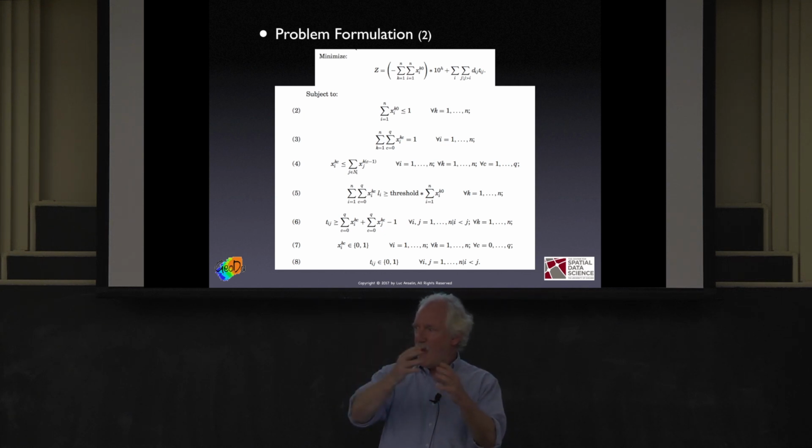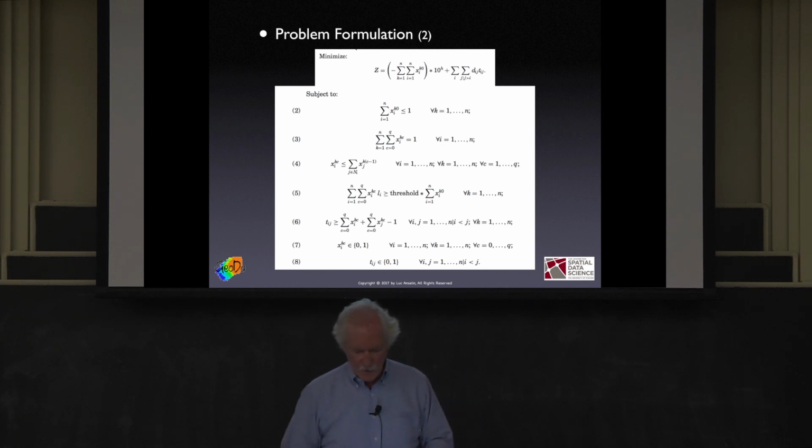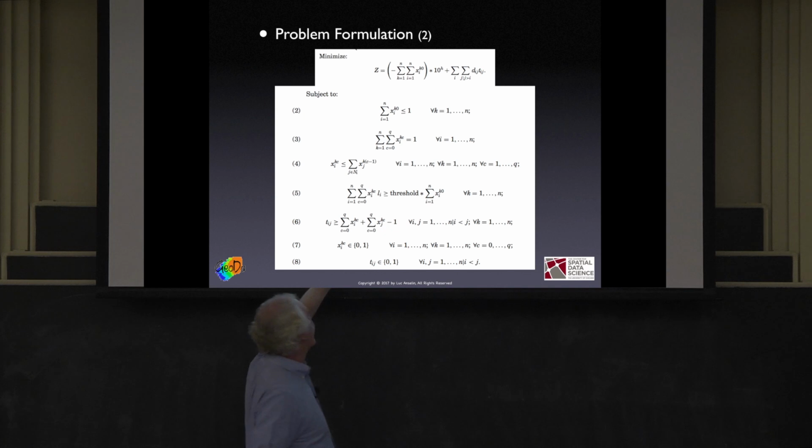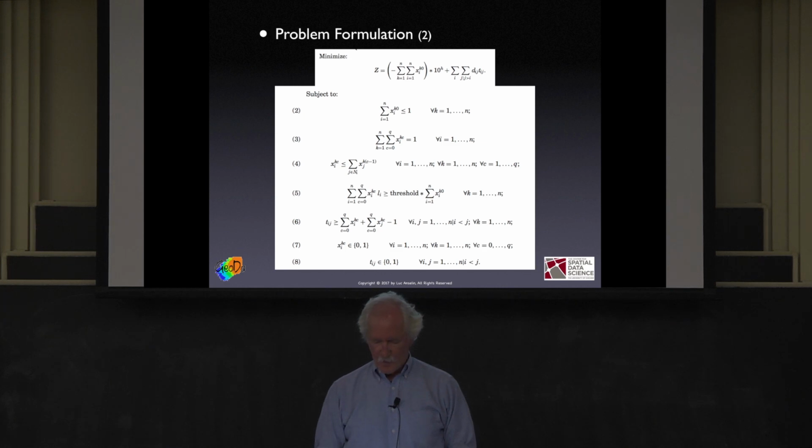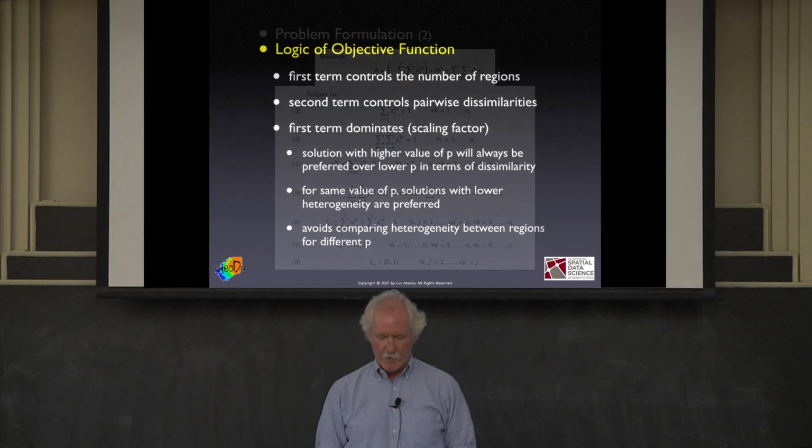So as you add a new element to the cluster, it has to be contiguous to a previous one that is already in the cluster. And then of course, the decision variable x is either 0 or 1. And that's why it's called an integer programming problem.